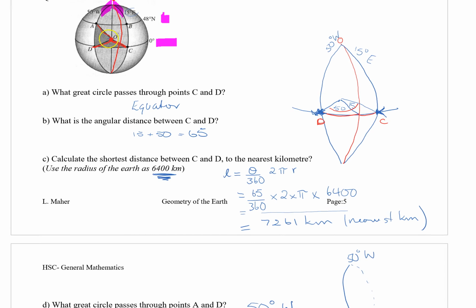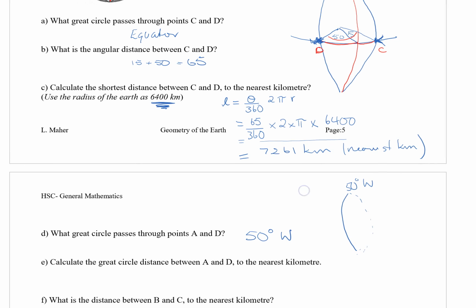So A and D, you might remember when we were first analysing the diagram, that I was pointing out the importance of the O, the centre of the earth, because it's going to give us the angle up to A, in this case, from the equator, which is 48 degrees. So we want L, which is 48 degrees on 360 times 2 times pi times r.